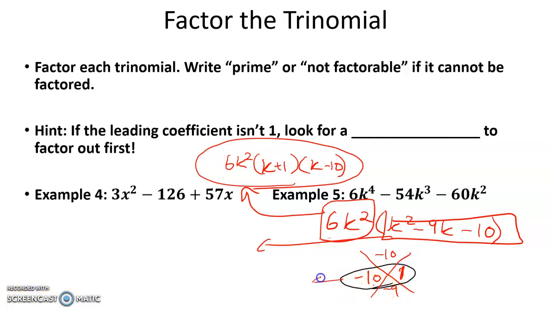And what I'm going to do, my variable's k, so I'm going to put k, set my parentheses up, k, negative 10, so it's going to be negative 10, and then k, and then plus 1, so plus 1. And then again, you'd still bring the GCF out, 6k squared. And hey, look at that. These are essentially the same answers. I switched the order of these up, but that doesn't really matter, okay? So you see that is the same answer there, all right?